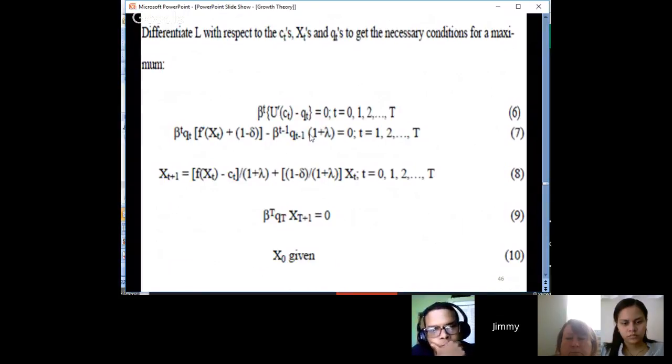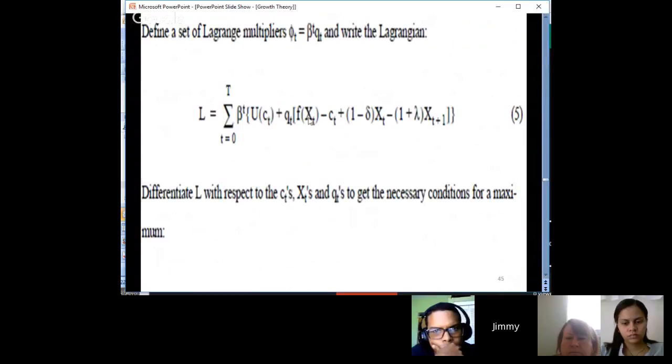when I take this derivative in equation 7 here, I'm taking it with respect to xt. So when I do it with respect to xt, in that first part of the equation, let me go up and show you, I have xt here, right? So when I do the Lagrangian with respect to xt, I'll get it here, that's for qt, and here, xt. But over here, I have x plus 1.